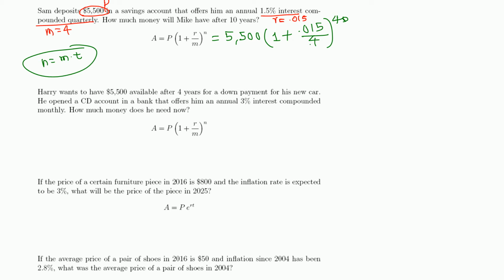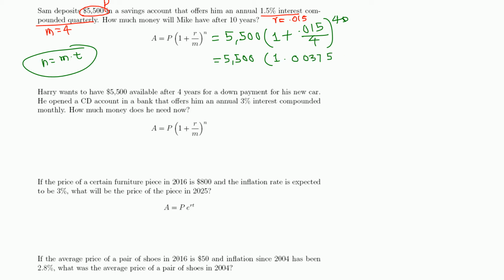Now work on the inside first, then raise to 40, then multiply by 5,500. Or you can enter everything in your calculator and give me the final answer. Same thing, 5,500. Now divide 0.015 by 4 and add 1. You get 1.00375.